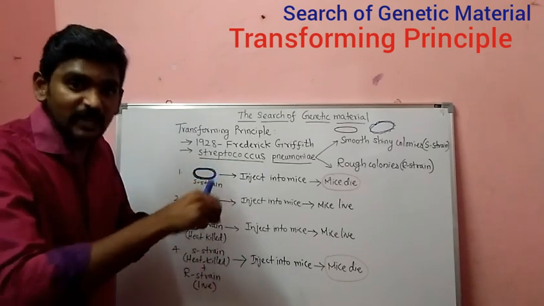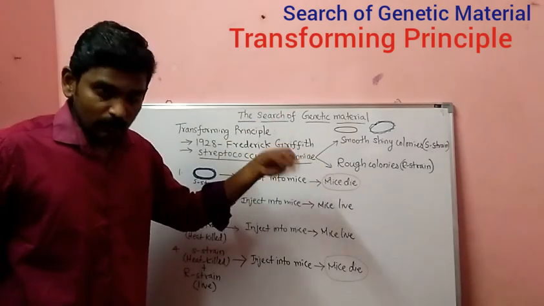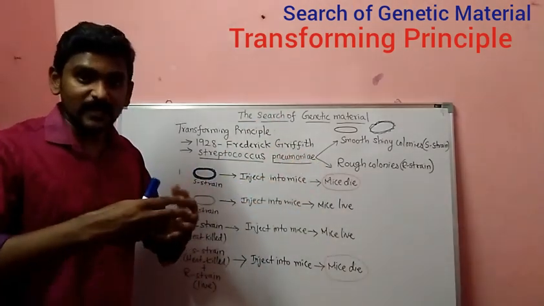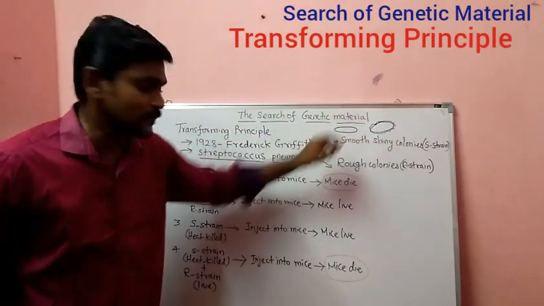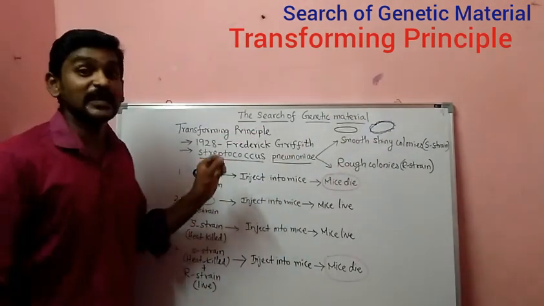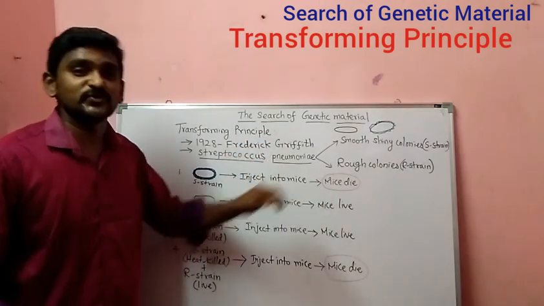After injection, the bacteria enter the mice and multiply. The smooth strain is responsible for causing the disease, so they cause pneumonia in the mice. As a result of the disease, these mice will die.